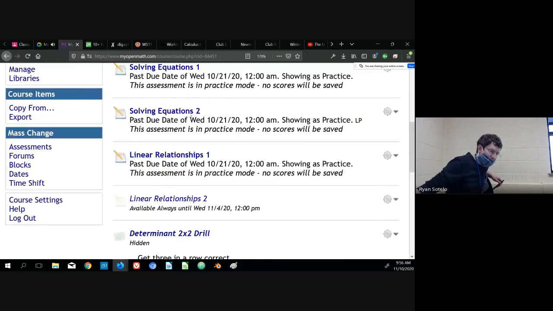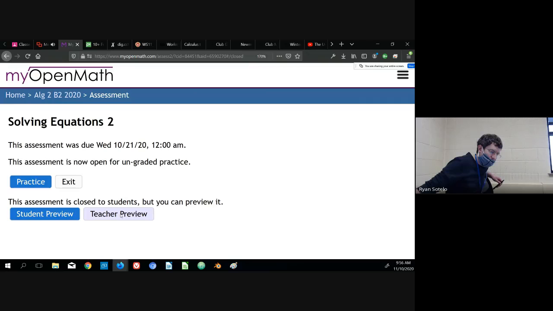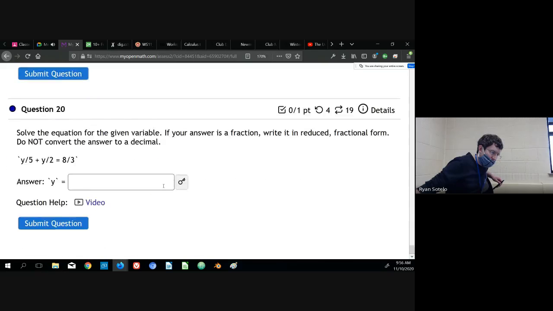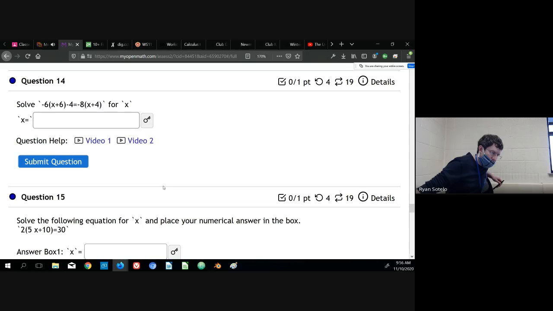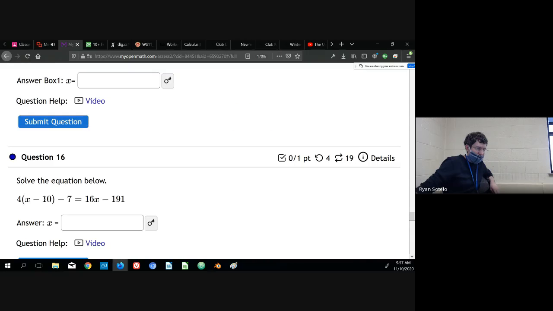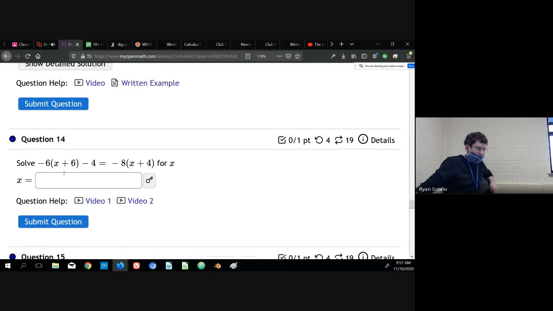Let's look at the last questions on solving equations 2. Starting at 14. So this one is like the ones we were doing before, same with 15 and 16. It just wants you to distribute first when you have the parentheses.